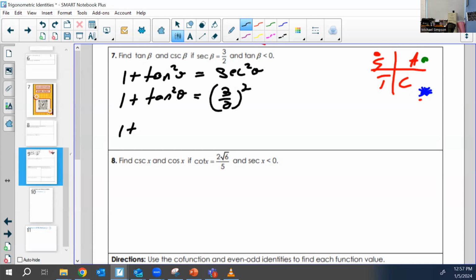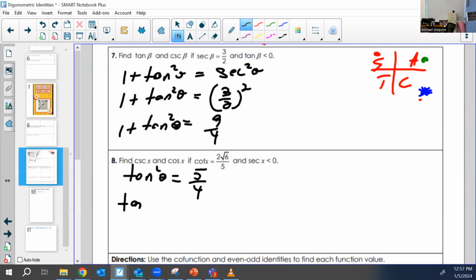Therefore, 1 plus tan squared theta equals 9/4. Subtracting 1 on both sides gives me tan squared theta equals 5/4. Good.